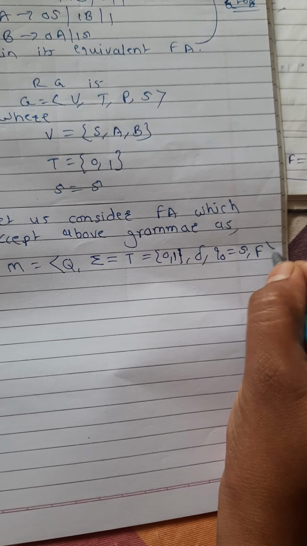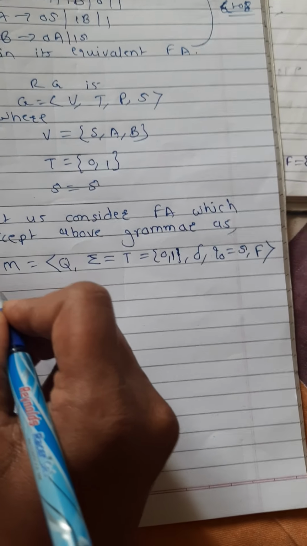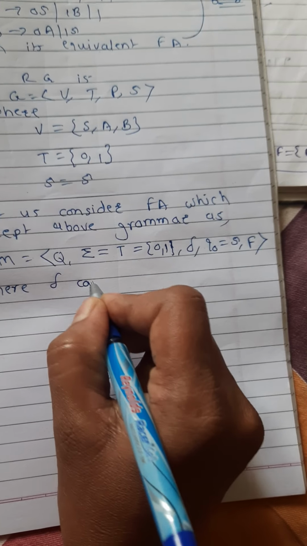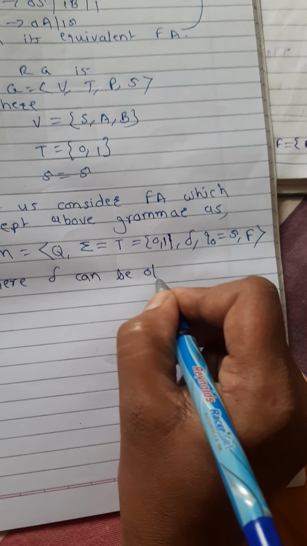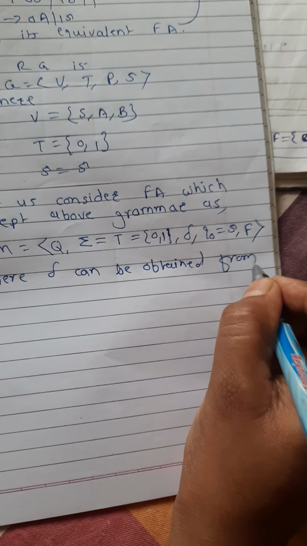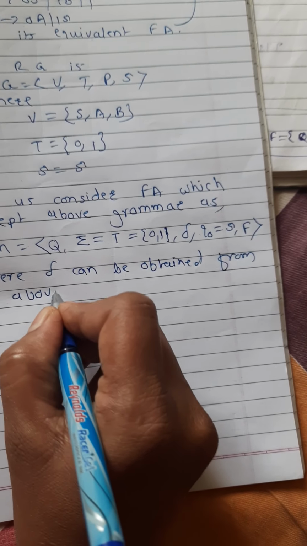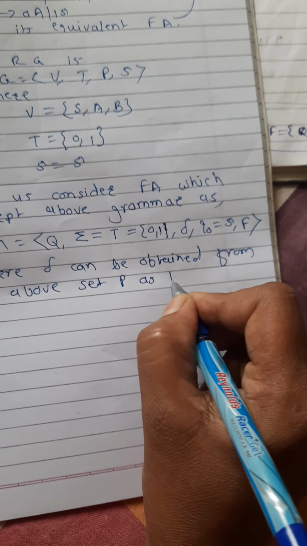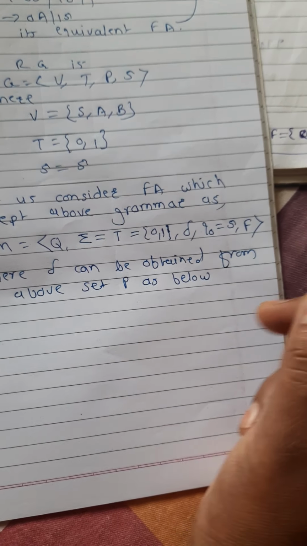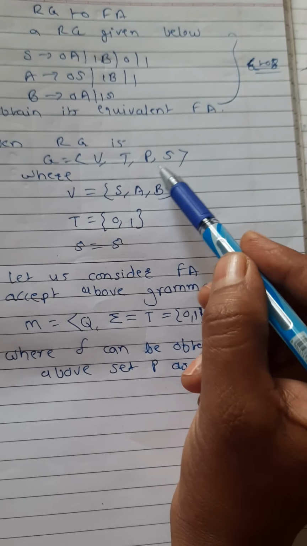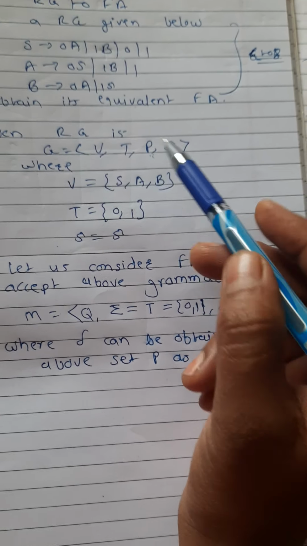Then F. Now here delta can be obtained from the above set P as below. Now we know that for any grammar (V, T, P, S), P is the main part.